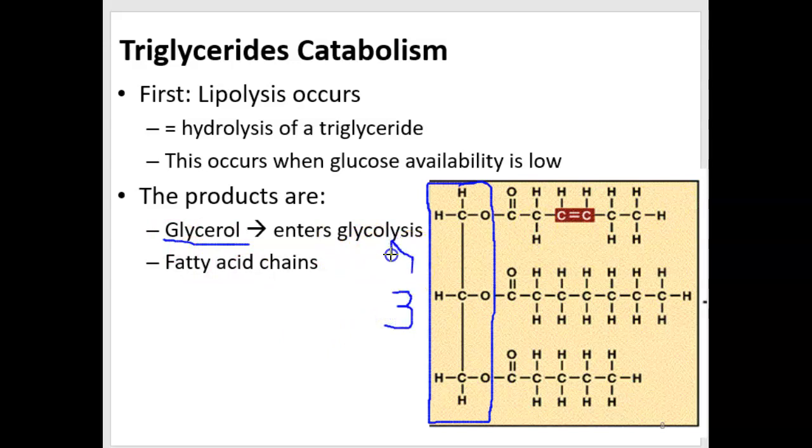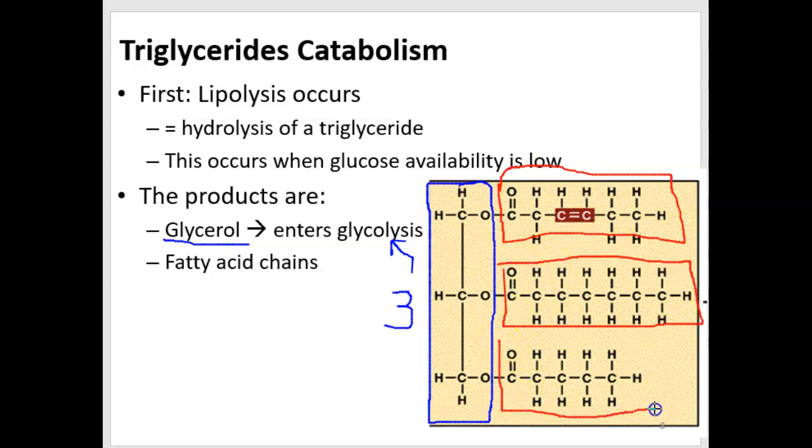So it's going to mimic a molecule somewhere towards the end of glycolysis, maybe even pyruvate. And then the fatty acid chains are long chains of carbon, right? They're too big to really enter at any particular stage that we've talked about so far. Well, this fatty acid's kind of short, but usually they're quite long.